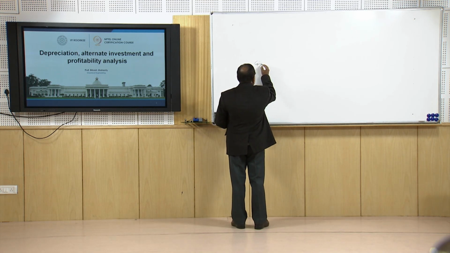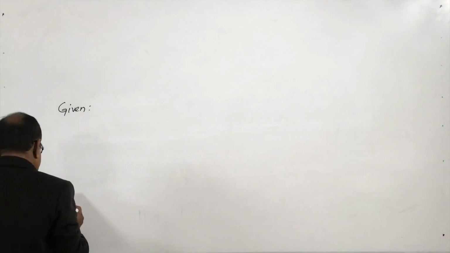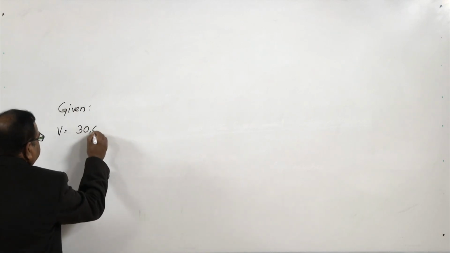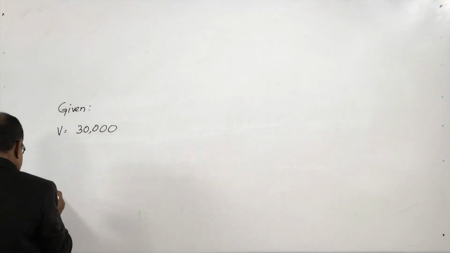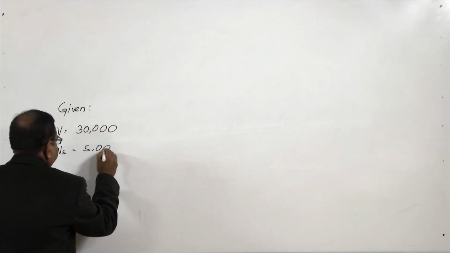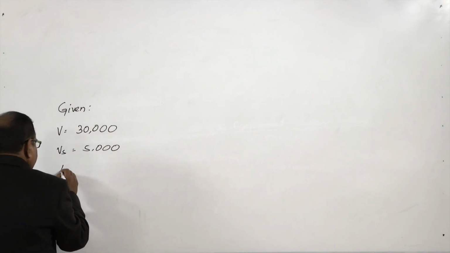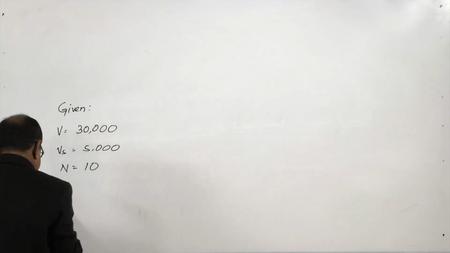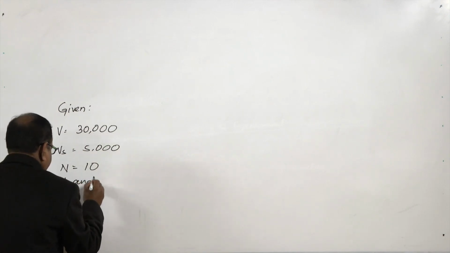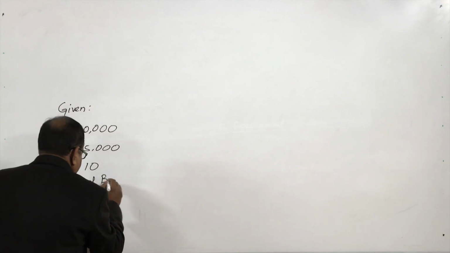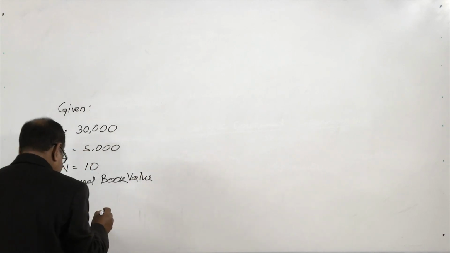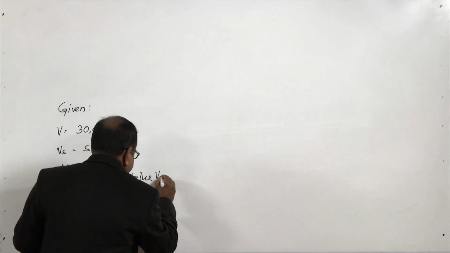Given: V equal to 30,000, Vs equal to 5,000, N is equal to 10, and we have to calculate D and the book value V5.